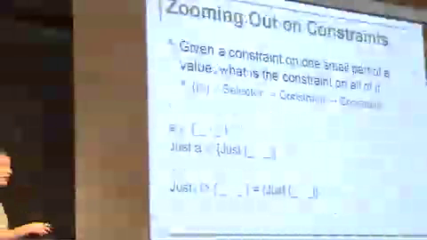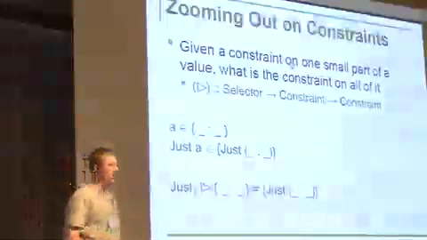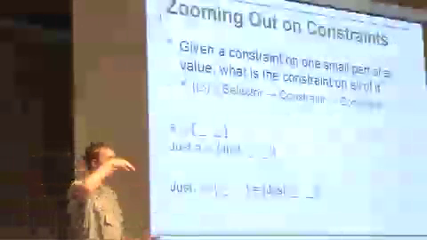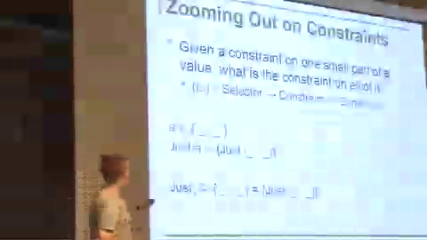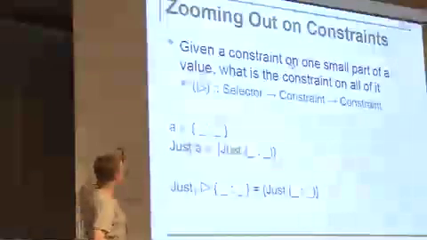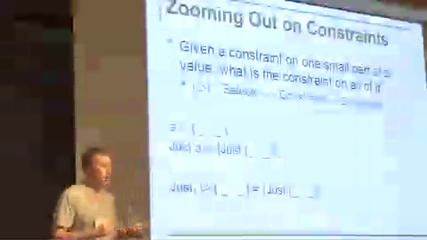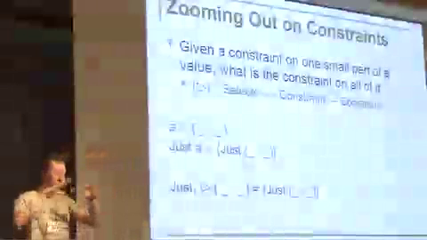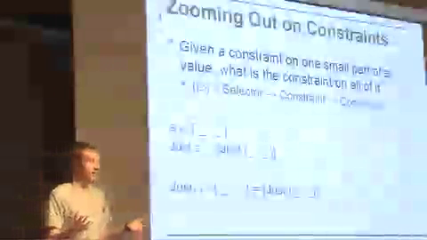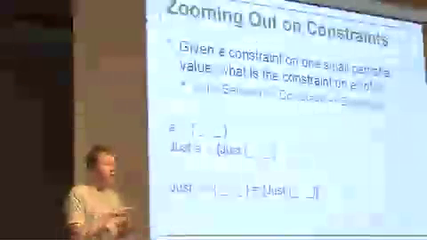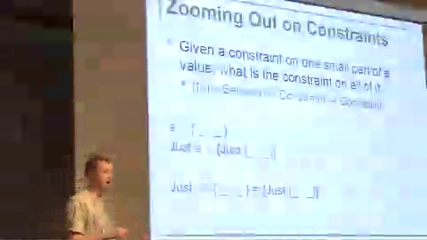You also need to provide a zooming out and a zooming in operator on constraints. So the idea is you can move forward down constraints and backwards up constraints as the program requires. So given a value, an expression A, which you said, I must be cons earlier, you now want to wrap the value A with a Just to make a Just A. At the same time, you want to wrap the constraint cons with a Just, so that you've still got the same constraint for the same value.